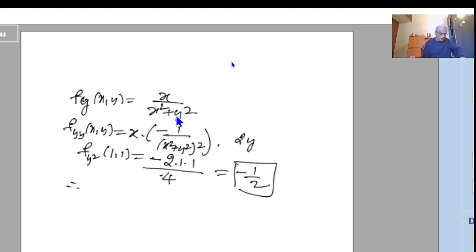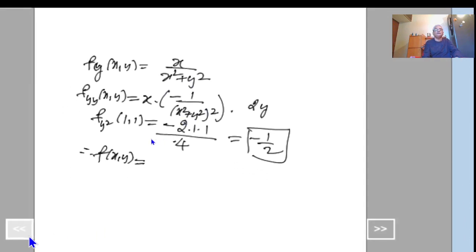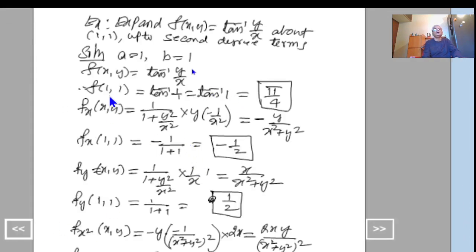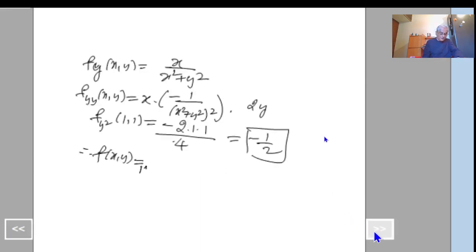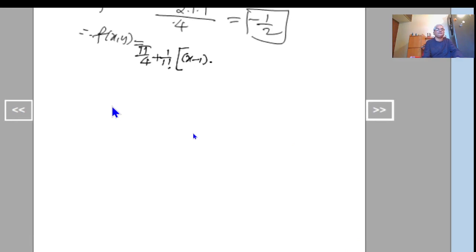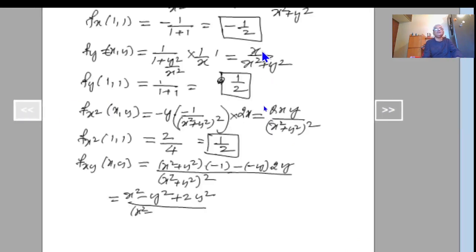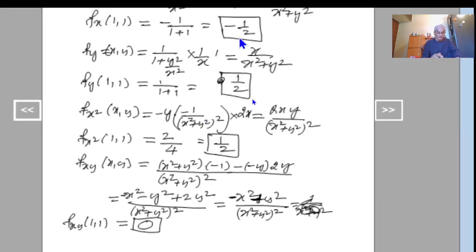Therefore, using the Taylor series, f of x, y equal to f of (1, 1). What is f of (1, 1)? f of (1, 1) is pi by 4, plus 1 by 1 factorial into (x minus a), that is (x minus 1), into fx. What is fx? fx is minus 1 by 2.